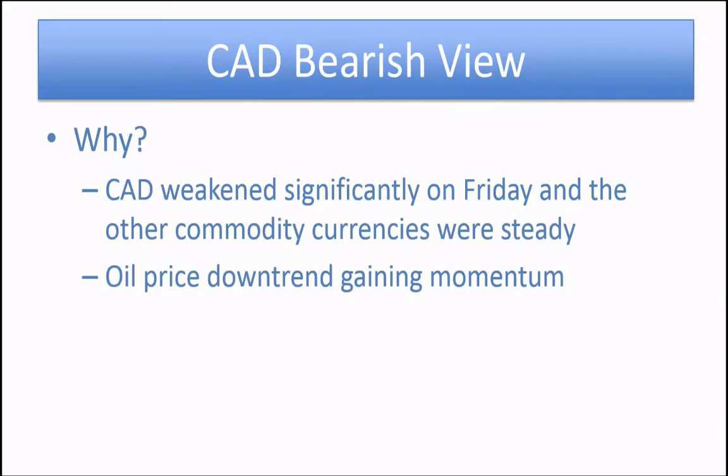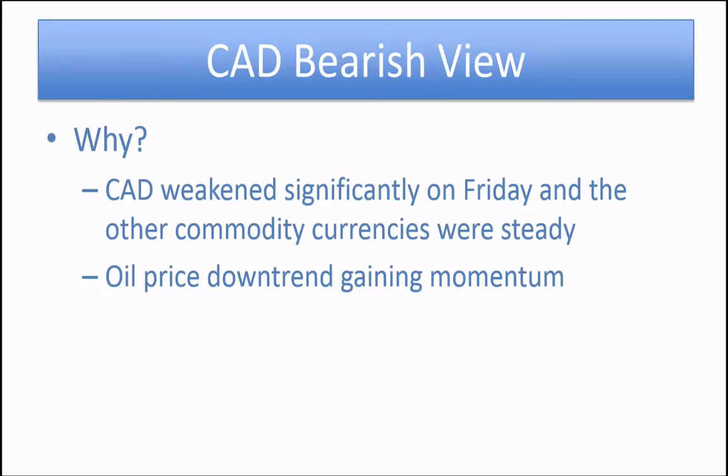Now the other currency in the pair, when we buy in the dollar Canada pair, we're selling the Canada, buying the dollar, was we had a bearish view on the CAD. Why? Because CAD had weakened significantly on Friday and the other commodity currencies were steady. So I look at Aussie, New Zealand, CAD as all the same pretty much. So if for no special reason the CAD is much weaker than the other two, I see that as CAD weakness.